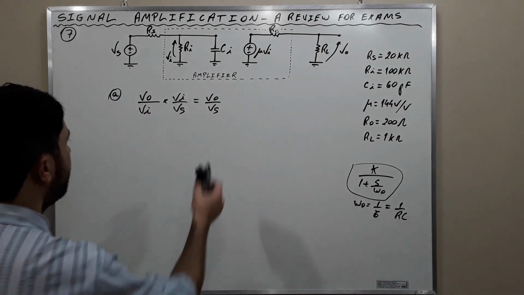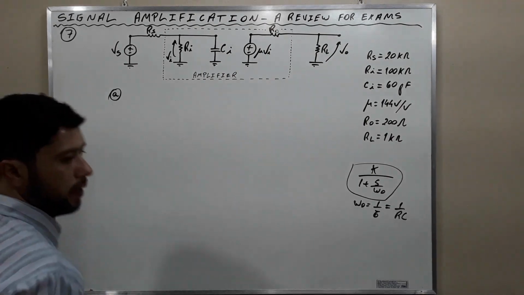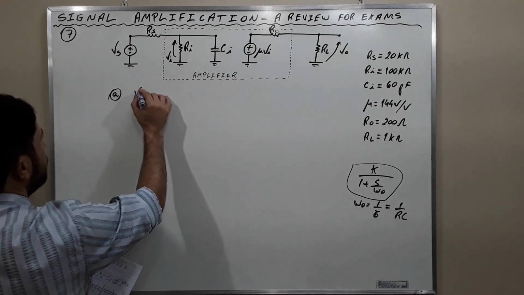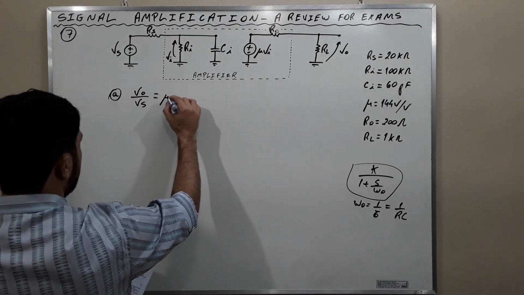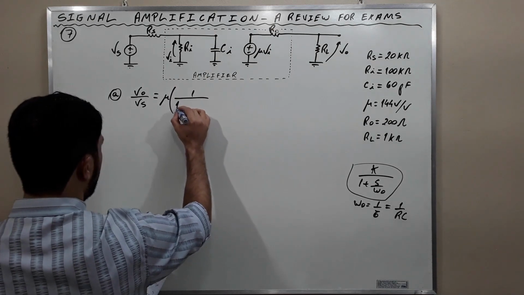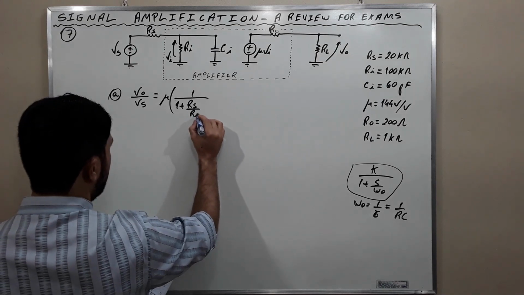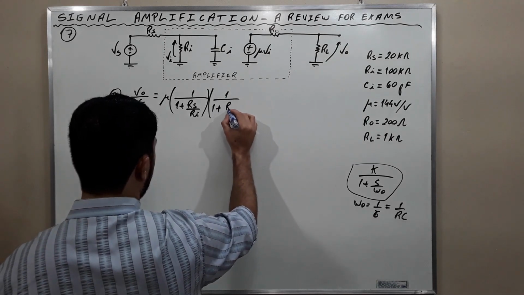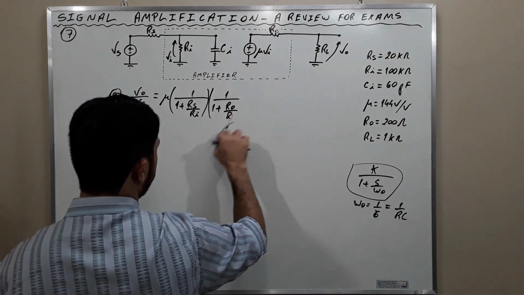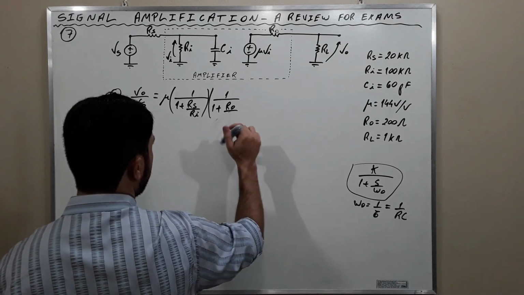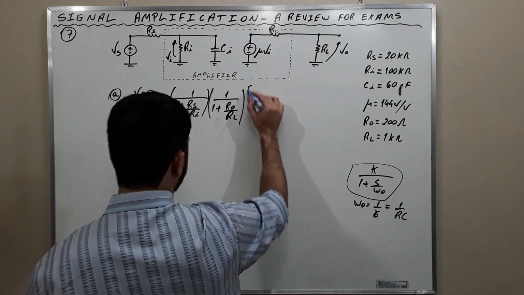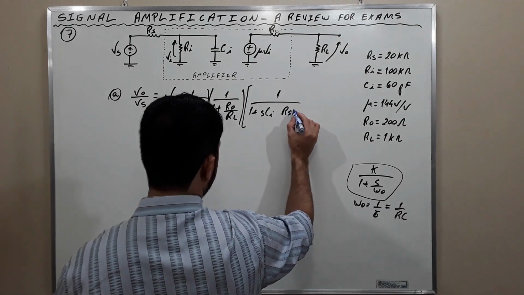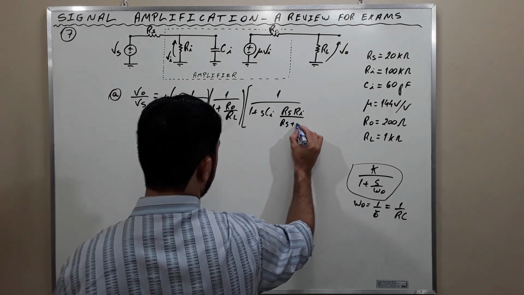And we simply multiply the results that we calculated, and we find that VO over VS is mu times 1 over 1 plus RS over RI, times 1 over 1 plus RO over RL, times 1 over 1 plus S CI RS RI over RS plus RI.